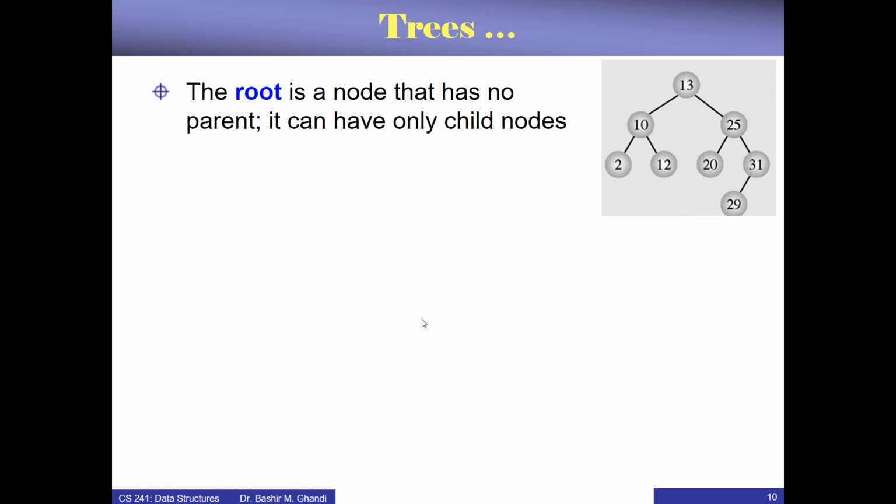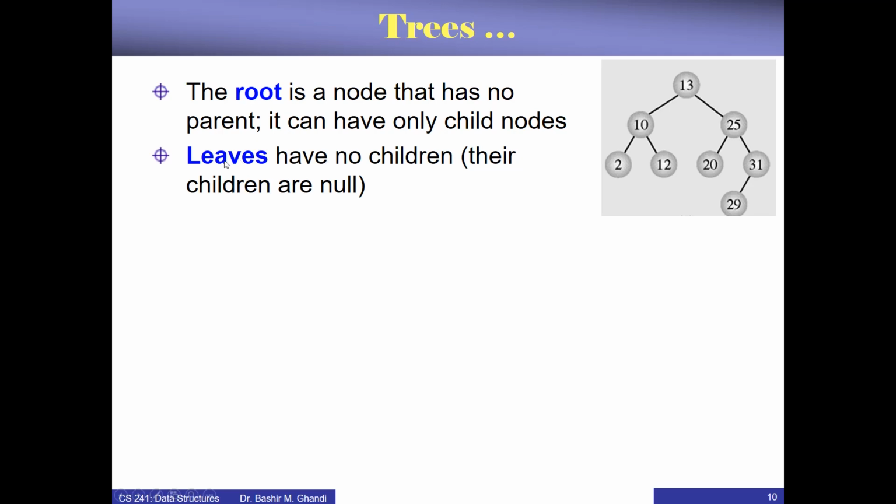First, the root. This obviously is the top node there. A root is defined as a node that has no parent. It only has children but no parent. Then we have what are called leaves for plural, or leaf for single.